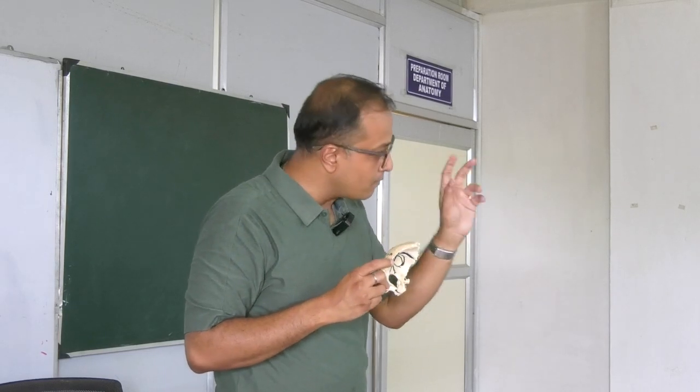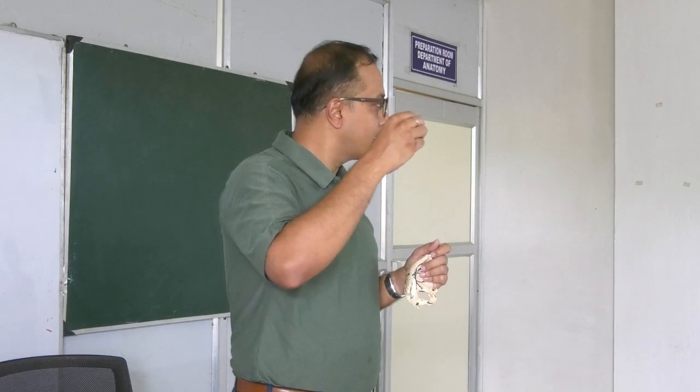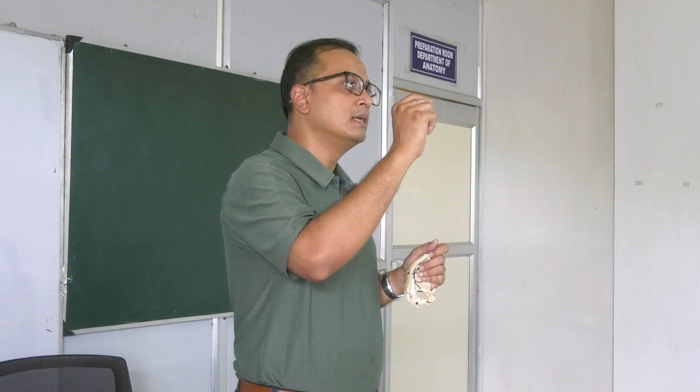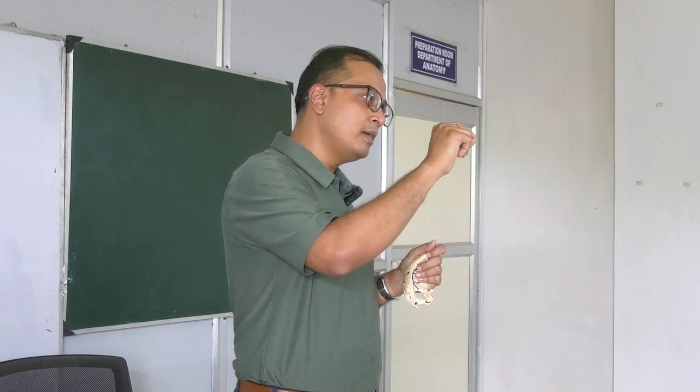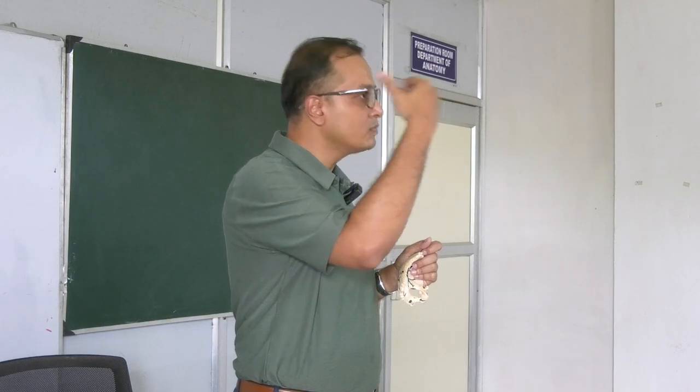Now, what do you mean by primary cartilaginous and what do you mean by secondary cartilaginous joint? You mentioned it several times. The basic difference is that in a cartilaginous joint, we have cartilage, be it primary or secondary. In case of the primary, the cartilage transforms into bone.